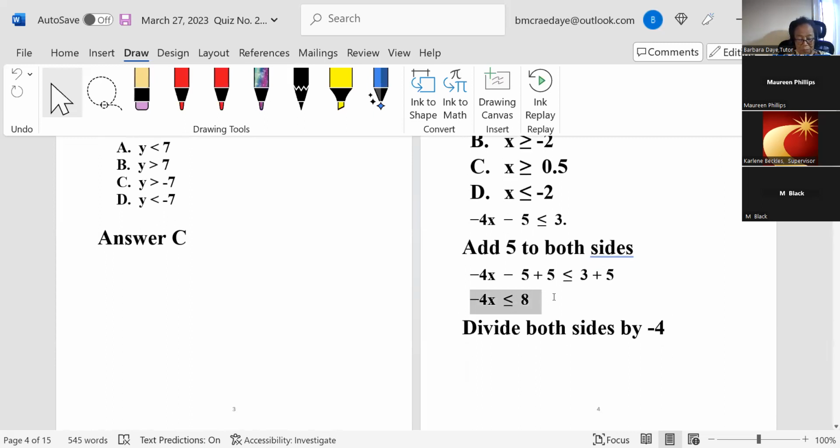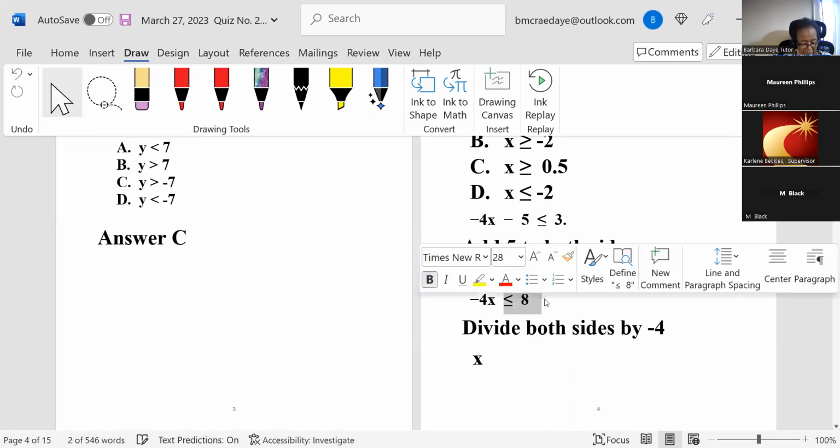On the left side, you're going to get x. Let me just put that here. And what do you get on the right side? On the right side, you're going to get -2. That's it, -2.